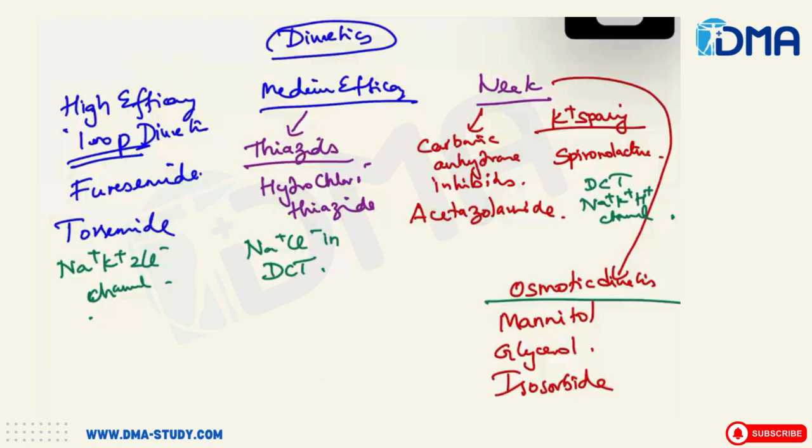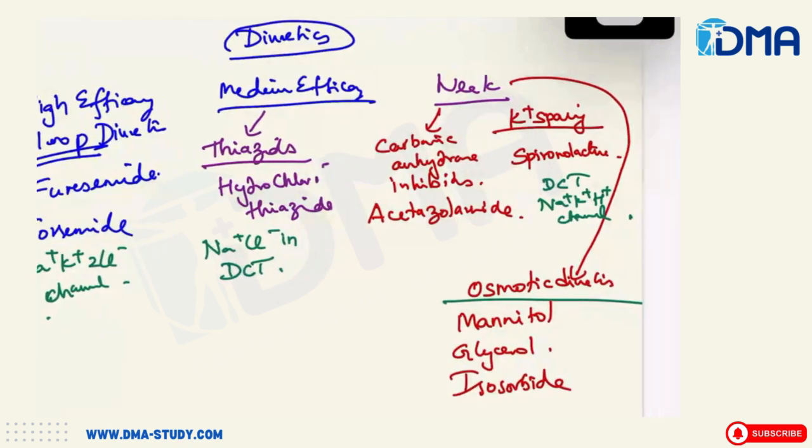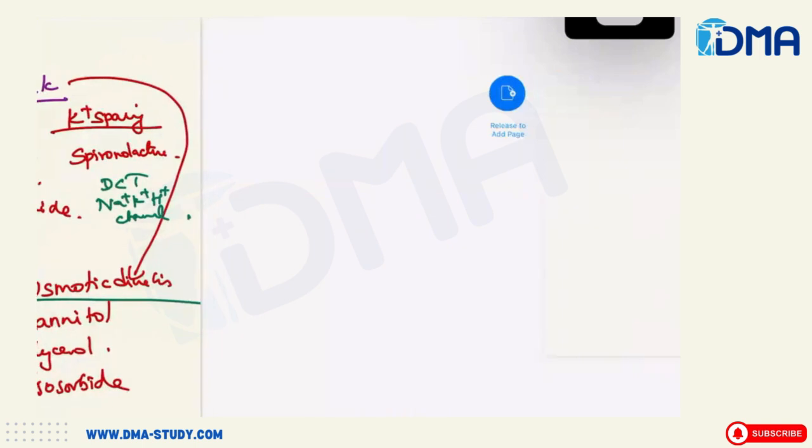When the GFR is good, the kidneys will wash out the extra interstitial fluid that was absorbed into the circulation. So this is how mannitol acts. Then coming to a few antihypertensives and their side effects. Before that, what is the normal BP for a patient?